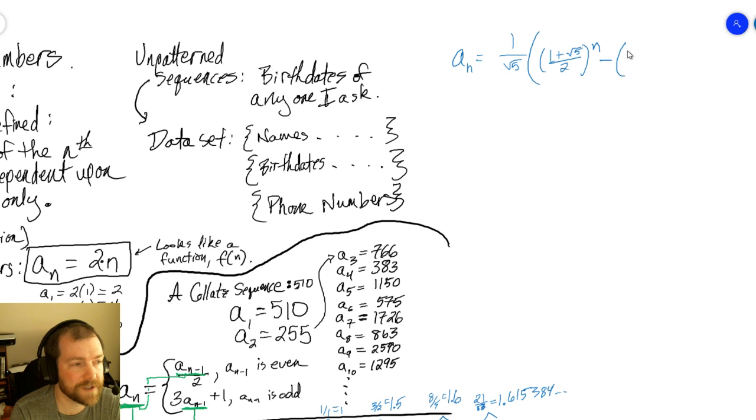minus, interesting, minus root 5 over 2 to the n.